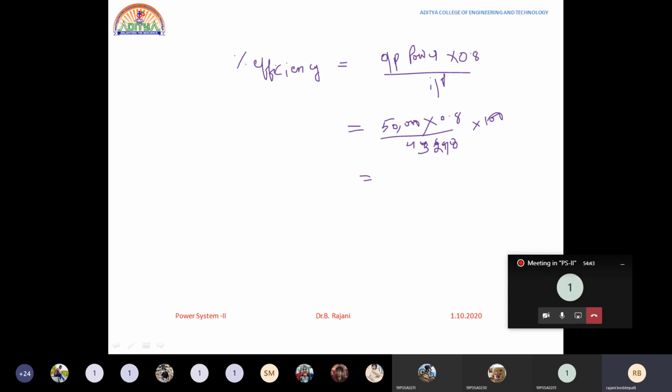Let me calculate here: 50 into 1000 into 0.8 divided by 43278 into 100, which is 92.4%. With this, we have completed the efficiency calculation.